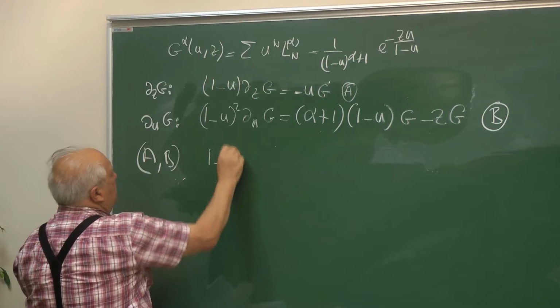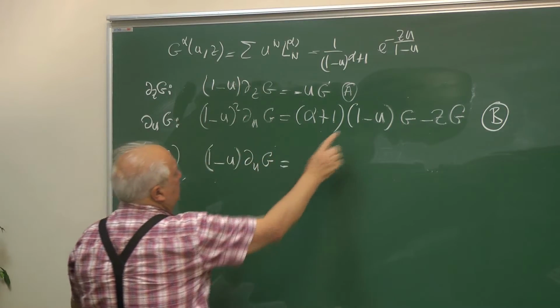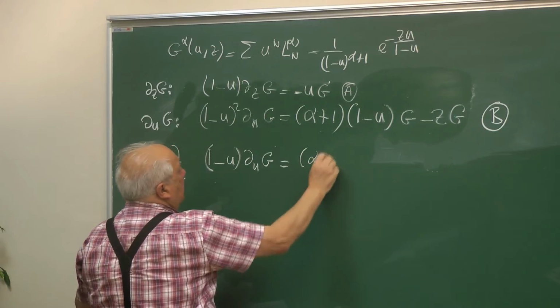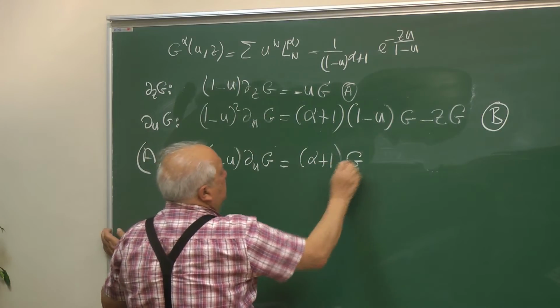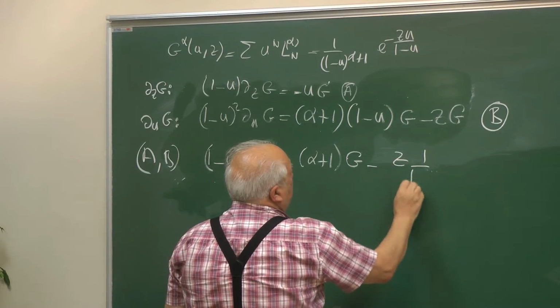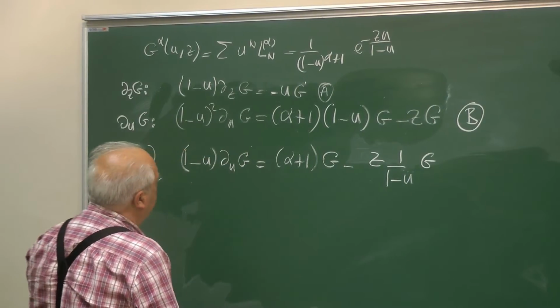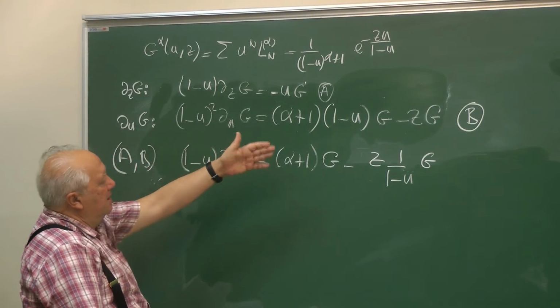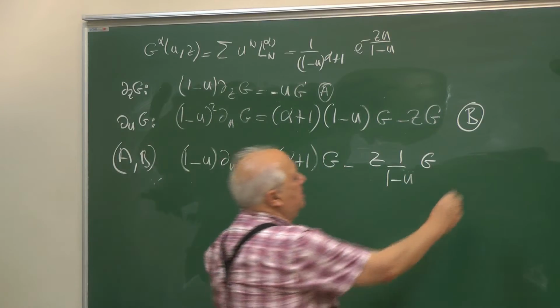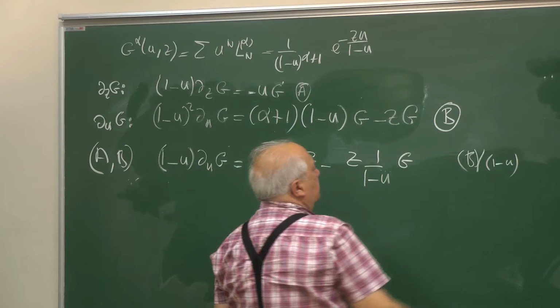So 1 minus u delta u G, that's equal, this goes away, alpha plus 1 G minus z 1 over 1 minus u G. I simply divided this B by 1 minus u.